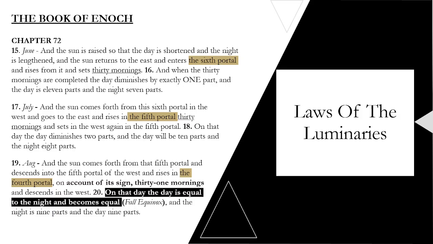And I put in parentheses, this is the fall equinox, and the night is 9 parts and the day is 9 parts. So we see in the month of August, there are 31 mornings for the sun to enter through that fourth portal. And why is it 31? Because there is an intercalary day there, indicating that we are about to change seasons. We're going from the season of summer into the season of fall.